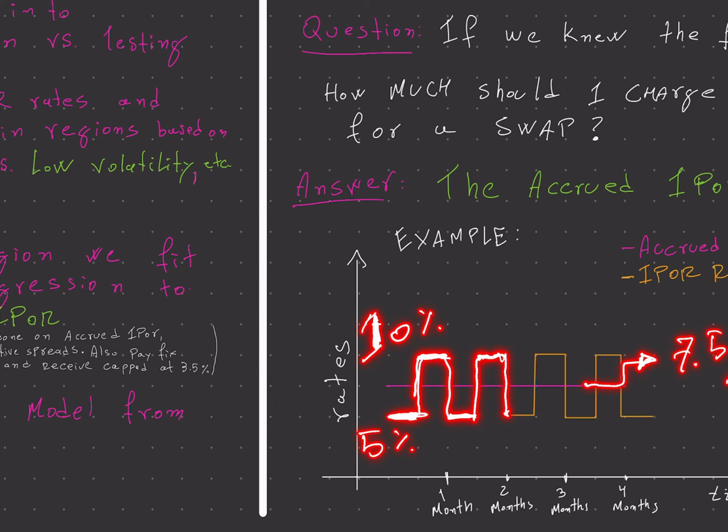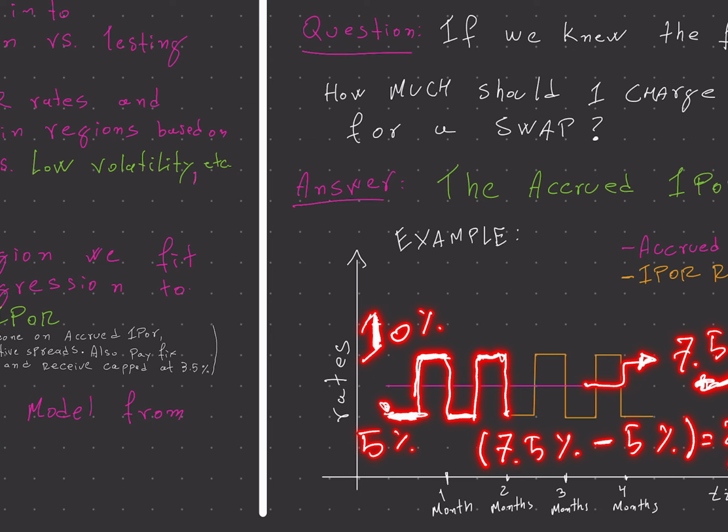Since this is the accrued IPOR, let's compute the payoff of a swap opened at the beginning. The payoff is very easy to calculate in this case. It would be 7.5% minus 5%, so that's 2.5% for the first 2 weeks.